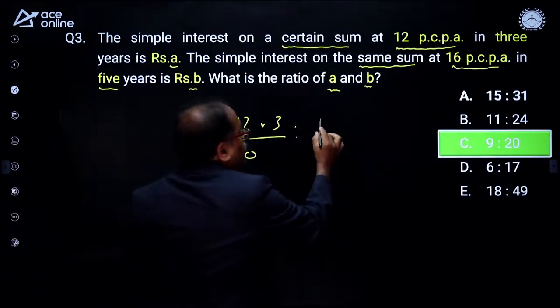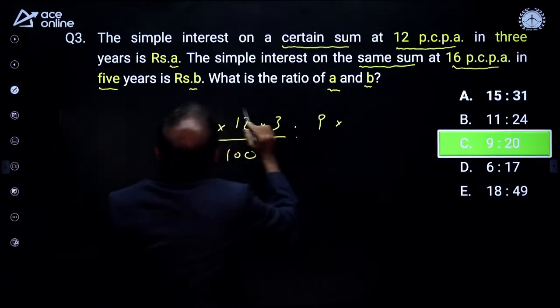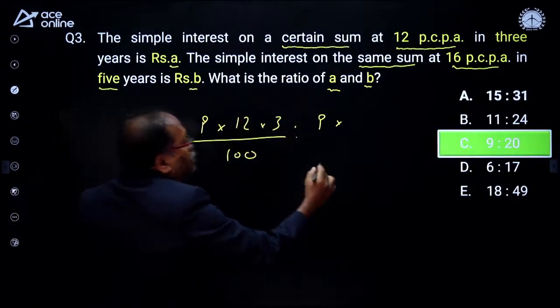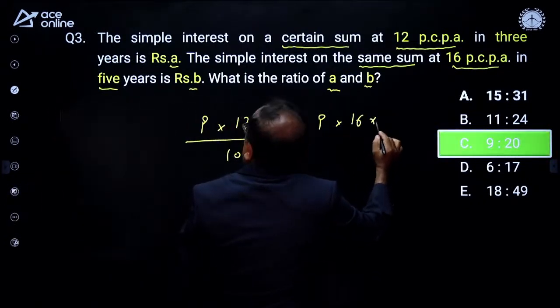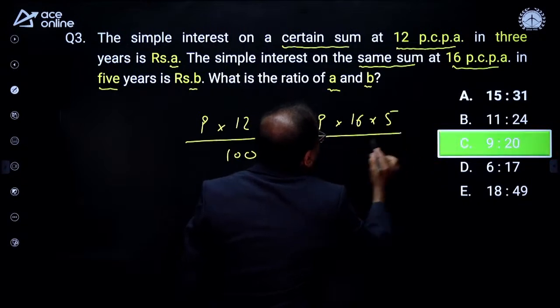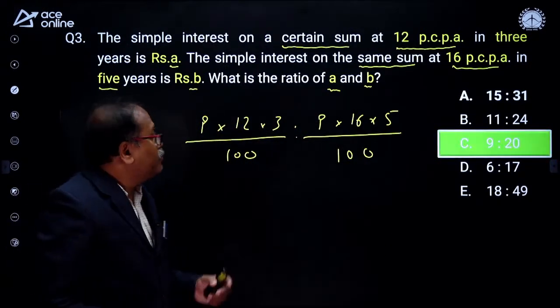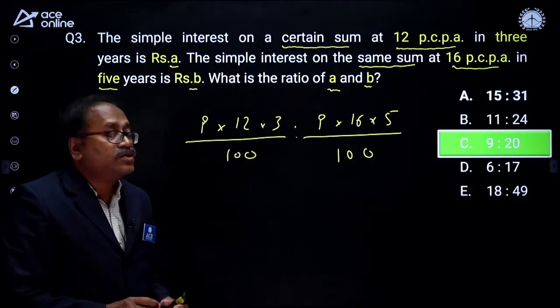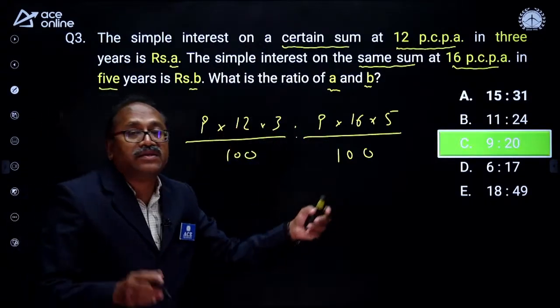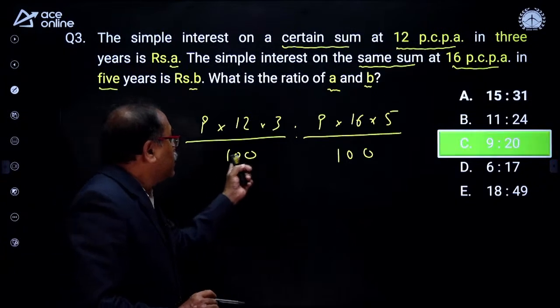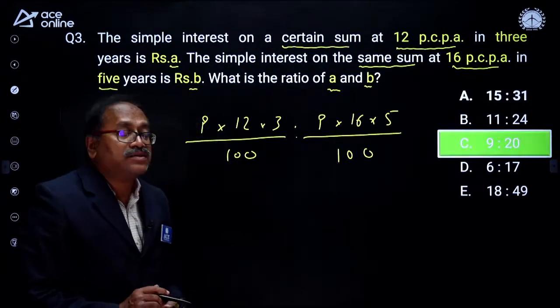Second one, Mr. Ashish, P and R. This time the R has changed. 16% per annum and for how many years? 5 years. So by 100. If you know the pattern, you will not write the whole thing because you know that left hand side P, right hand side P will get cancelled and this 100 will get cancelled.